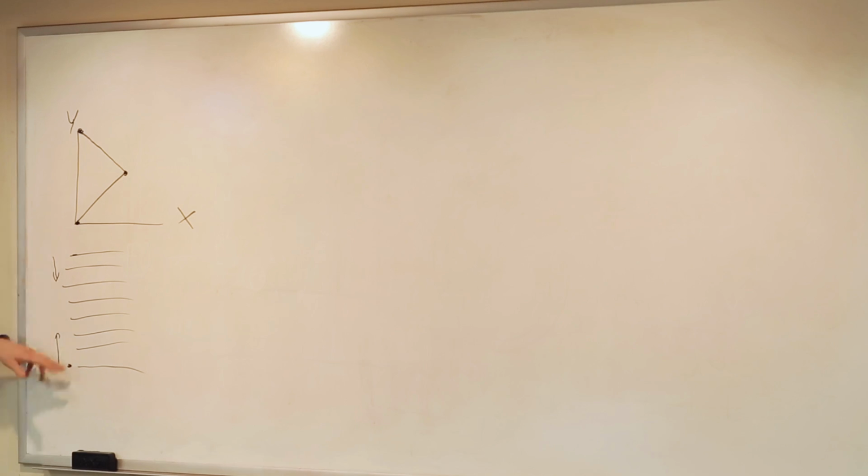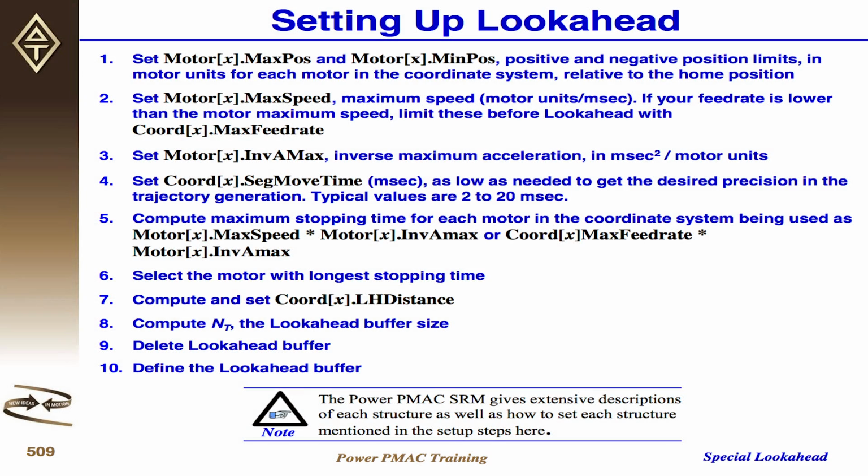So you want to go, and then if you want to go back, you calculate the total number of segments: lookahead distance plus the retrace backward size. We will look into that too. Once you calculate the total number of segments, now you need to delete the lookahead buffer and define the lookahead buffer.